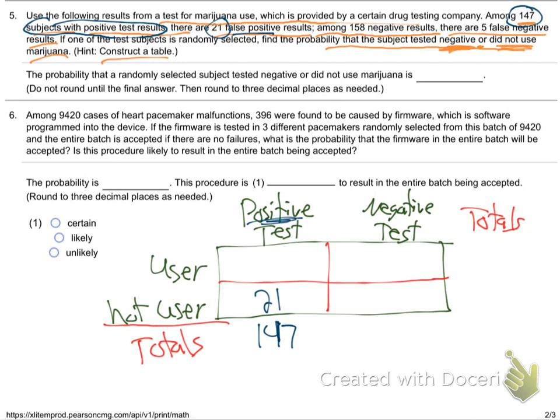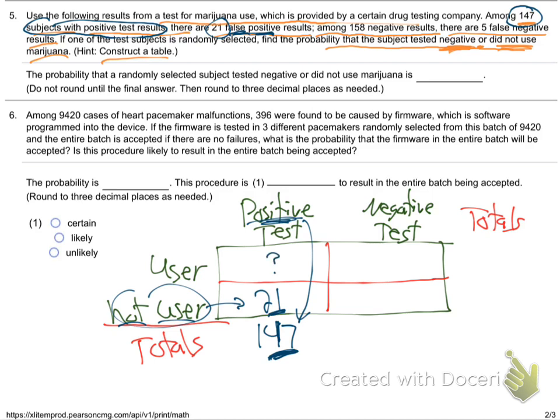They tested positive, 147 people, 21 falsely so. They were not users, really. 147 people tested positive, but 21 were false positive, meaning they're not really a user. It's a false positive test result.